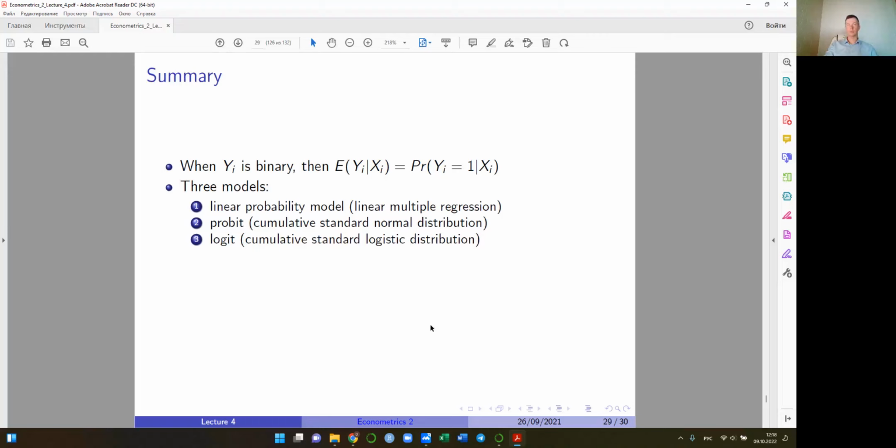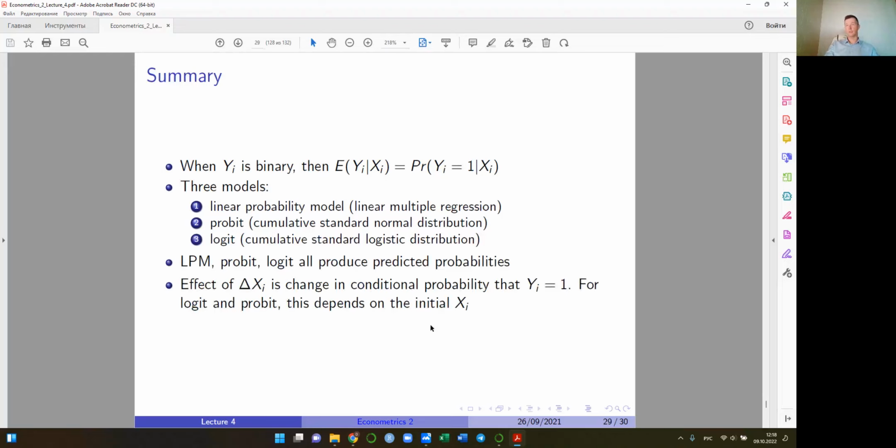And the third one is Logit, which is based on the cumulative logistic distribution function. All three models produce predicted probabilities, and when x changes, the interpretation is that the conditional probability that y equals 1 changes because of that.